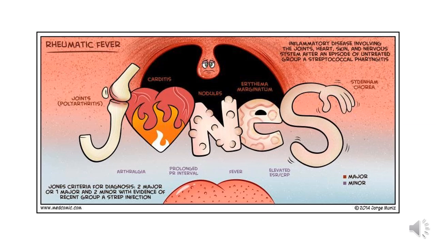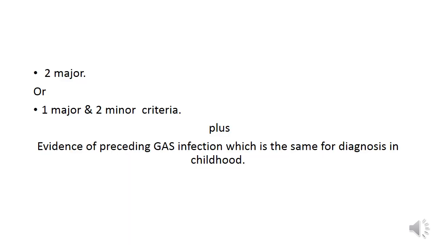So whenever there is an attack of rheumatic fever, one should have 2 major criteria or 1 major and 2 minor criteria, plus evidence of pre-existing beta hemolytic streptococcal infection, which is the same for the diagnosis in childhood as well.